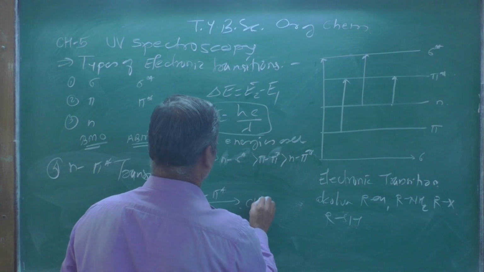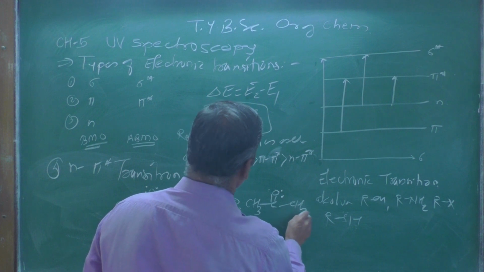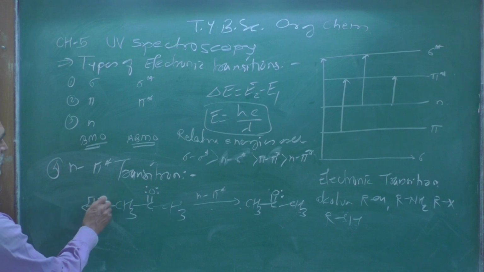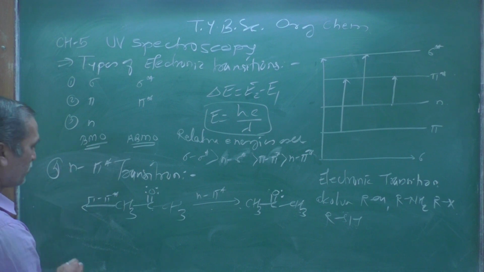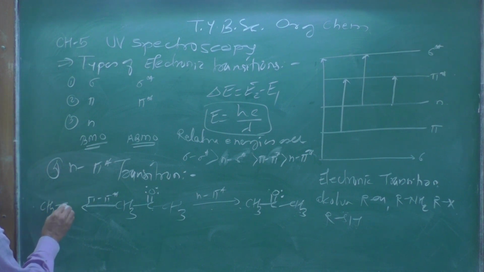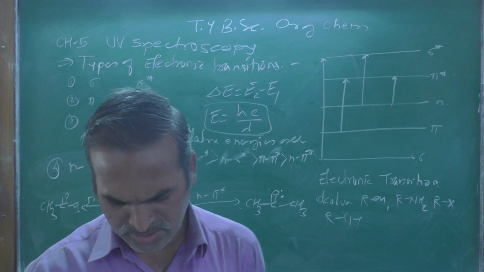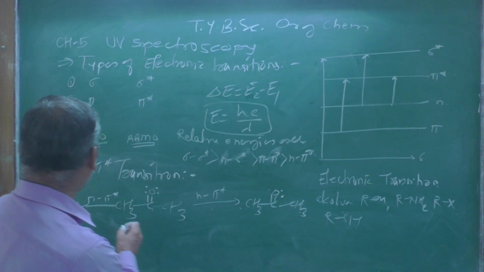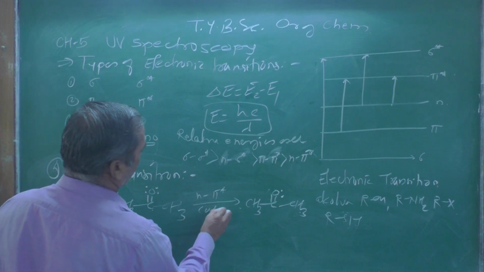It can show both types of transition, pi to pi star transition also, which is also shown by this compound, CH3, C double bond O, CH3, but the wavelengths are different in this case. The N2 pi star transition is weak, and the pi to pi star transition is strong.